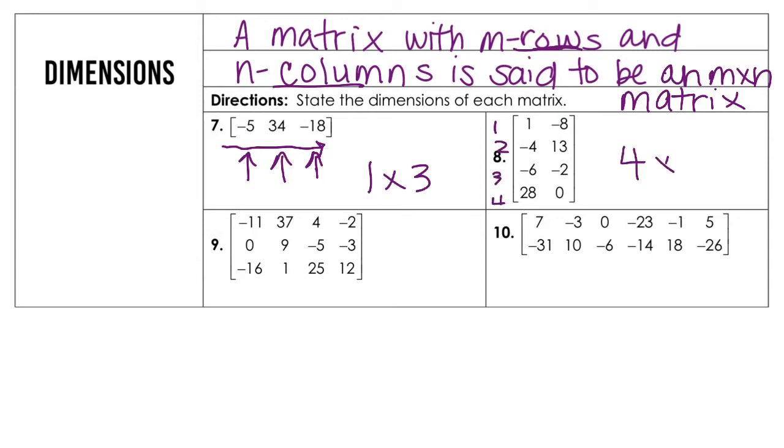So that's a 4 by 2 matrix. Number 9, you're going to have 3 rows, and you have 1, 2, 3, 4 columns, so that's a 3 by 4. And then number 10, notice you have 2 rows, and you have 1, 2, 3, 4, 5, 6 columns, so that would be a 2 by 6 matrix.